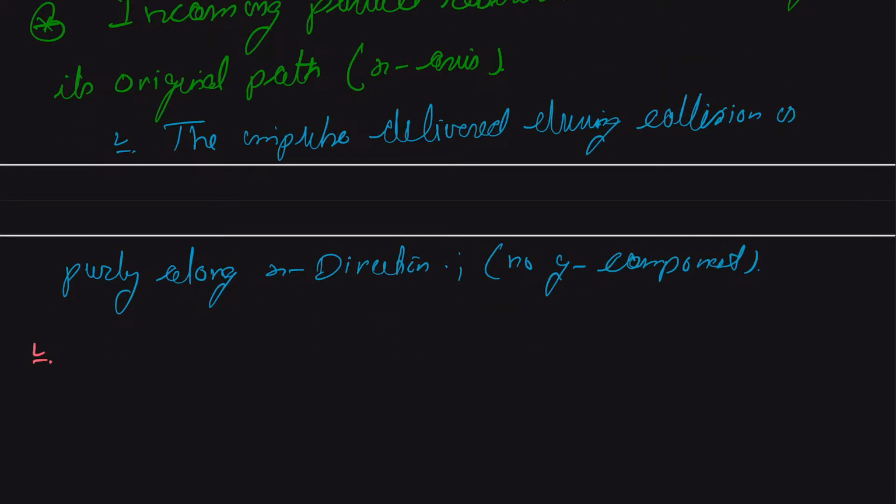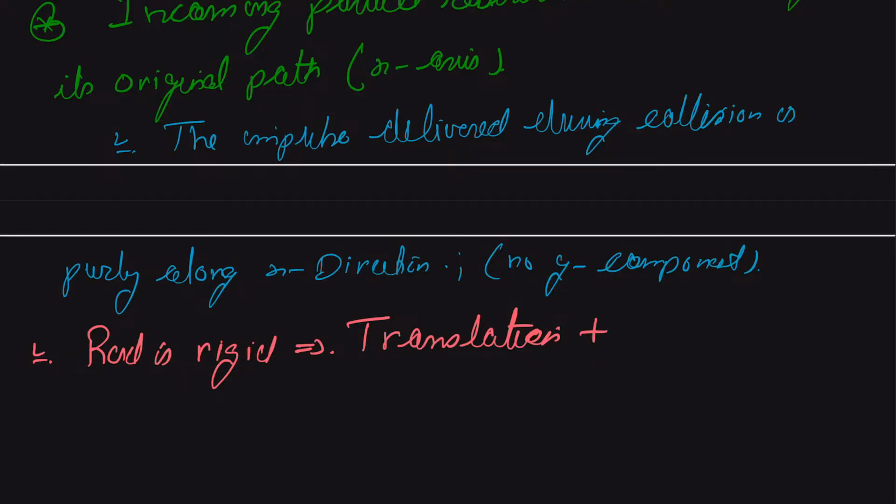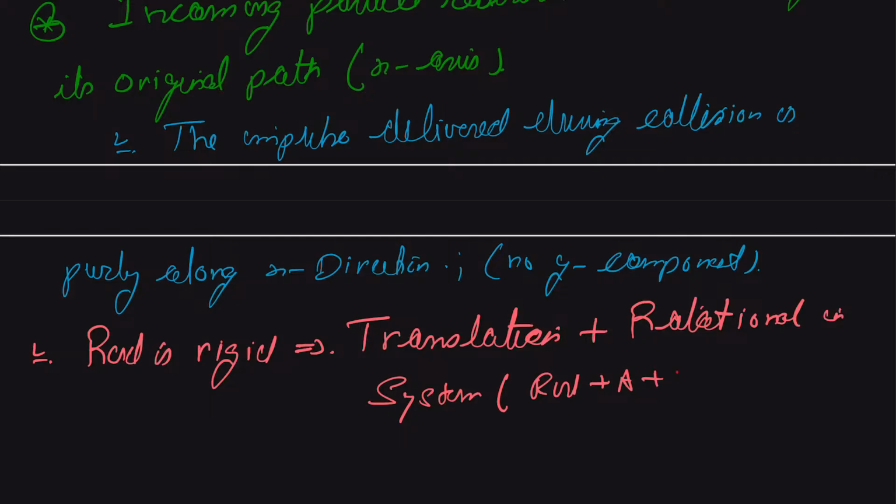So we are given that our rod is rigid, which basically means that we are going to have translational plus rotational motion in the system. And system here means the rod plus A plus particle B. So this consists of the entire system.